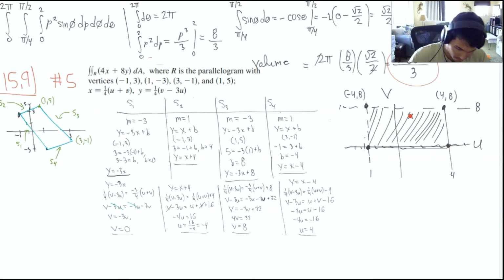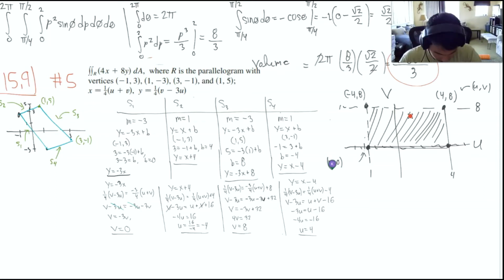These points are u, v. Now, you actually don't need to label these points. I'm just doing it purely for the viewer's sake. This one is 4, 0, and the other one is negative 4, 0.